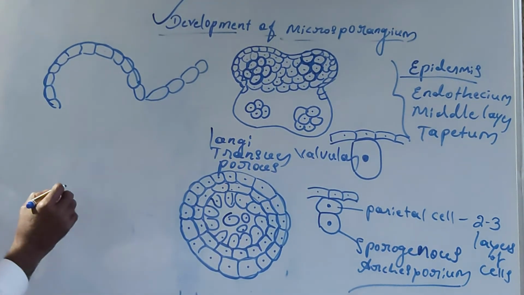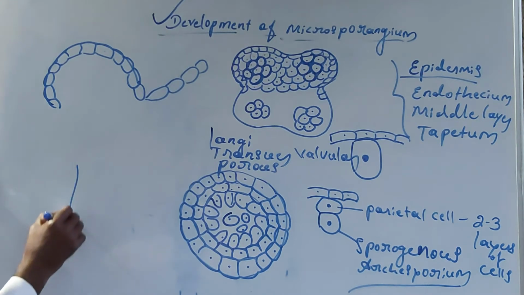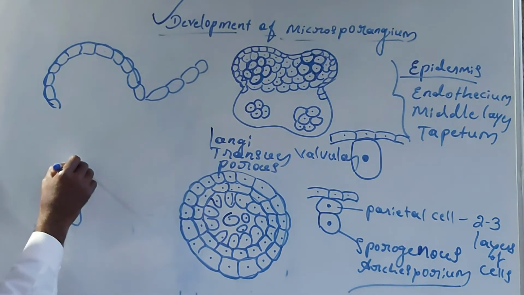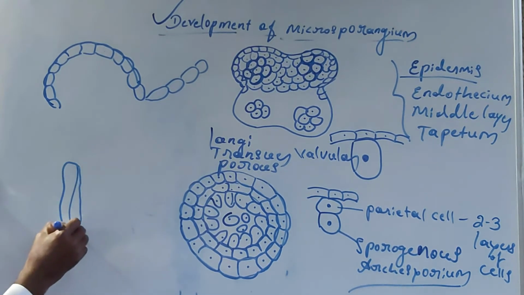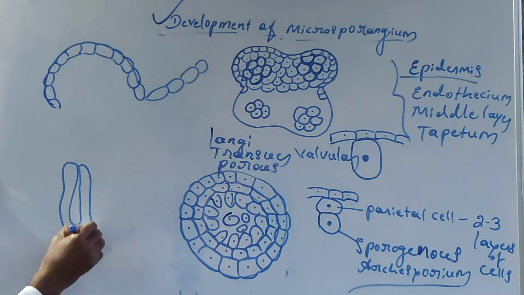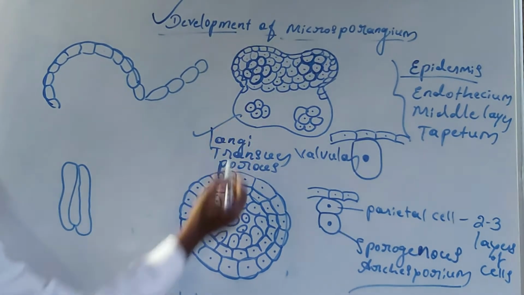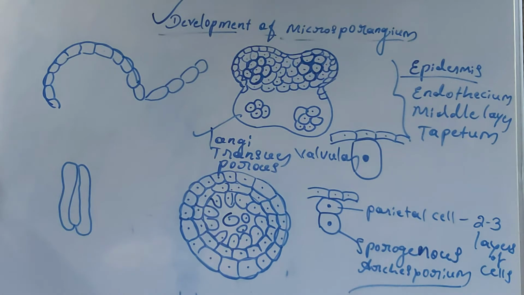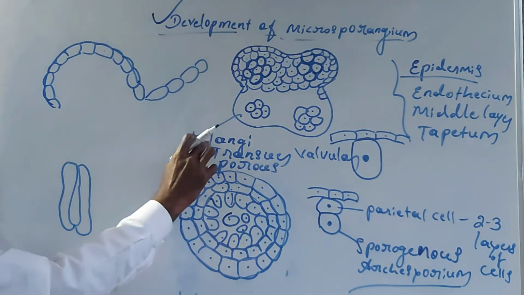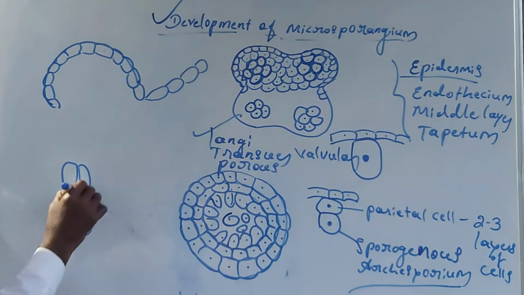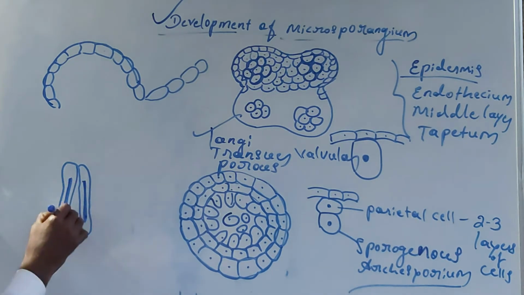Suppose this is the connective of the anther, with the two anther lobes. In longitudinal dehiscence, two longitudinal slits are formed, one at each lobe of the anther.